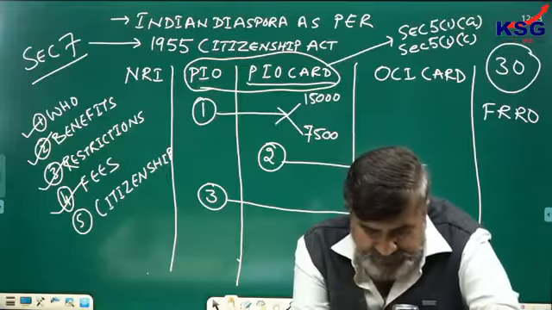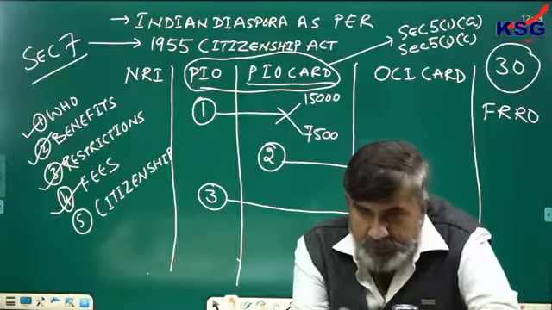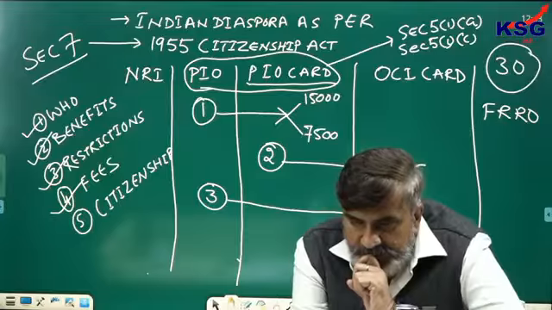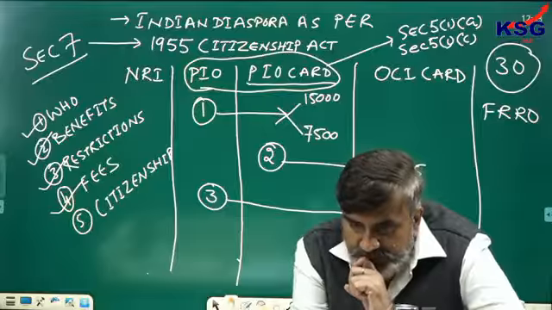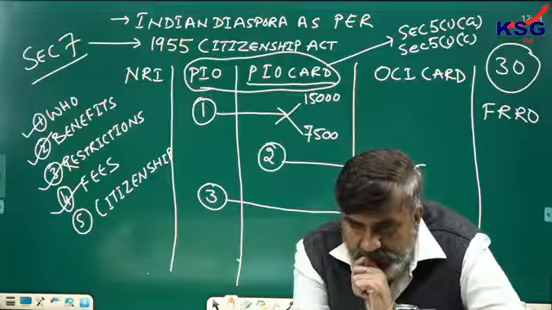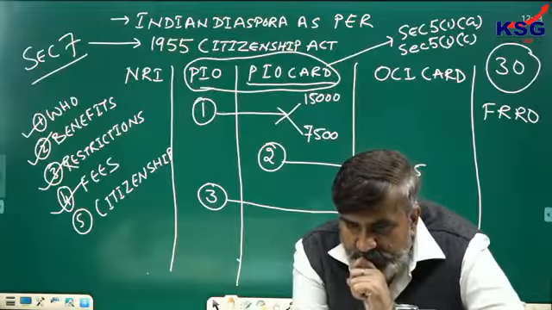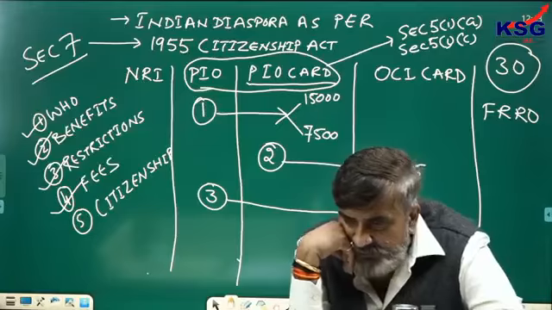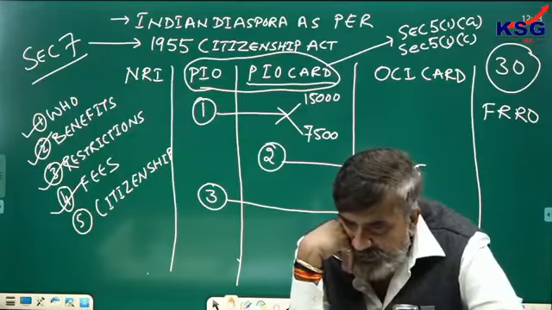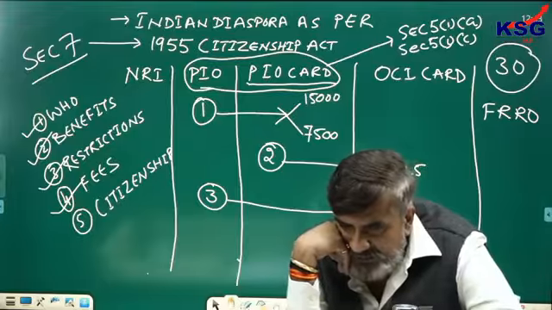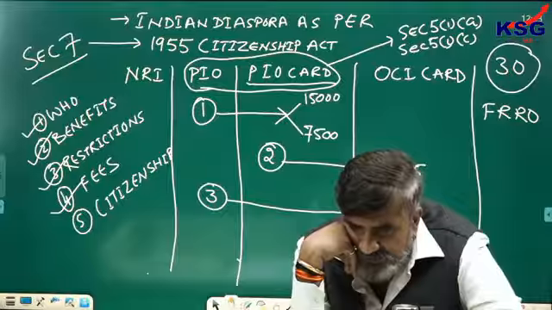Sir, what is the nationality of people in POK? It's okay, I have answered this. Sir, Nepali and Bhutani citizens can visit India without a visa and work here without restriction. How does India treat them, as NRI or foreign citizen?